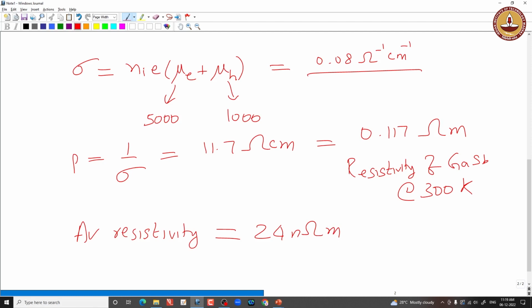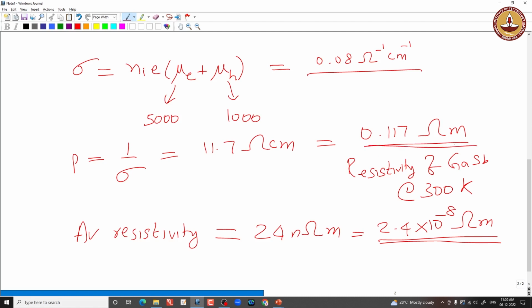Resistance was R, that is ohms. So resistivity would have been ohm meter. So 24 nano ohm meters is 2.4 times 10 power minus 8 ohm meters. And this actually allows us to compare. So gold is a metal, it's a very good conductor.